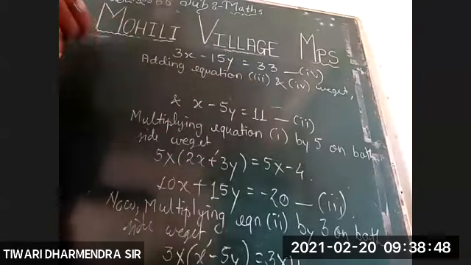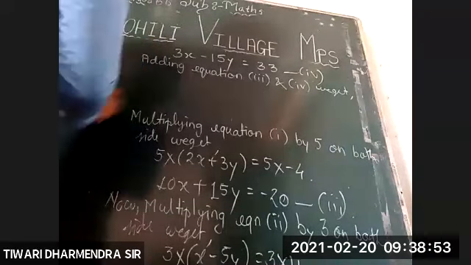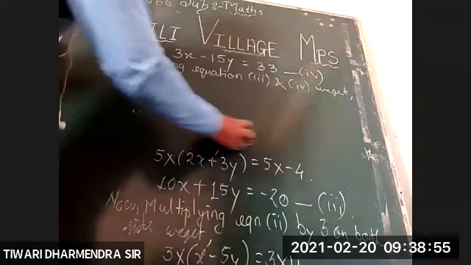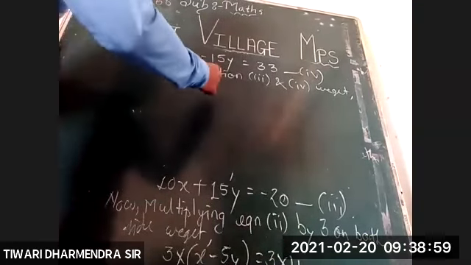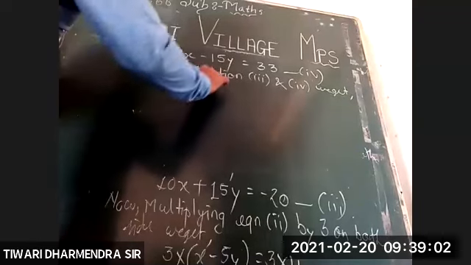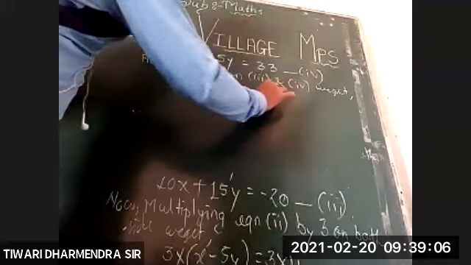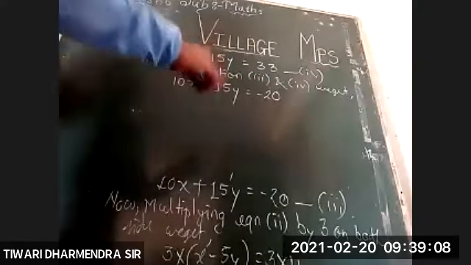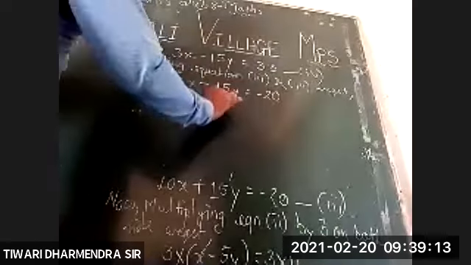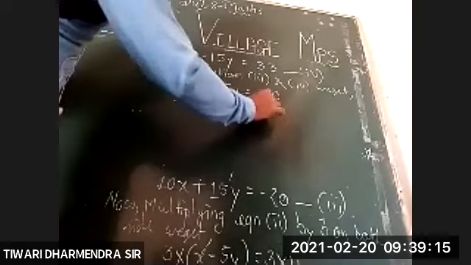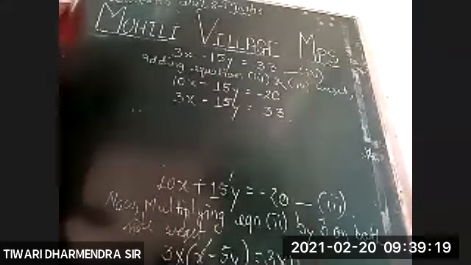What do we get? 10x plus 15y is equal to minus 20, added to the 4th, that is 3x minus 15y is equal to 33.